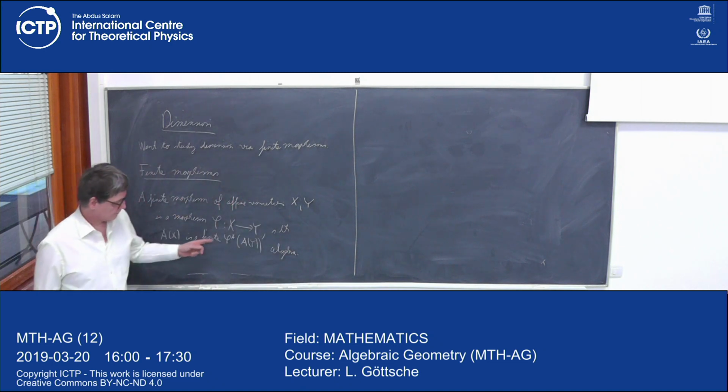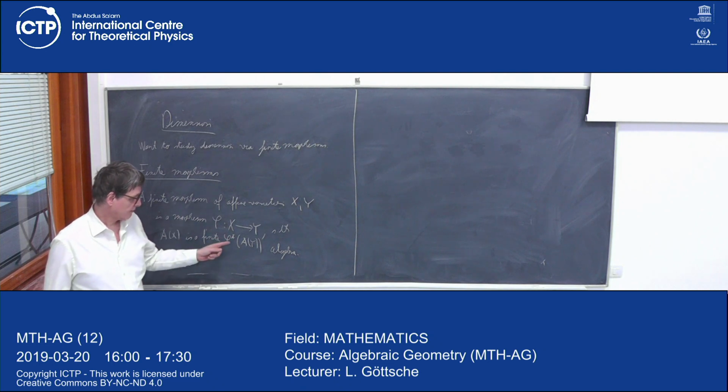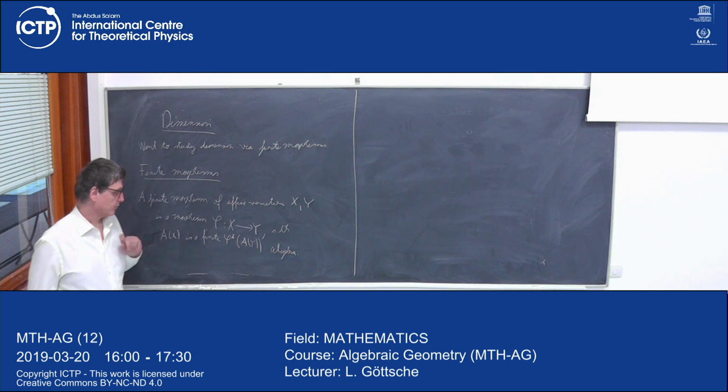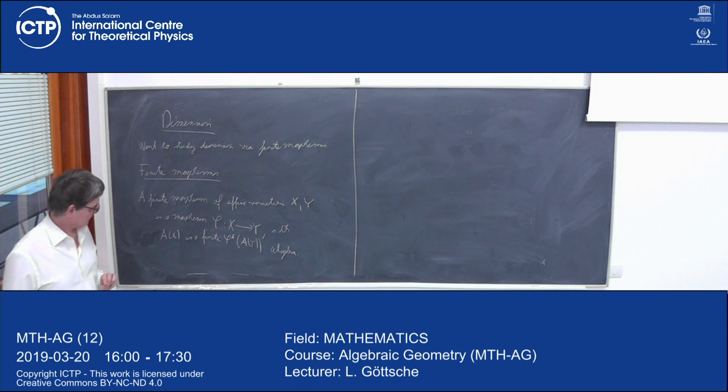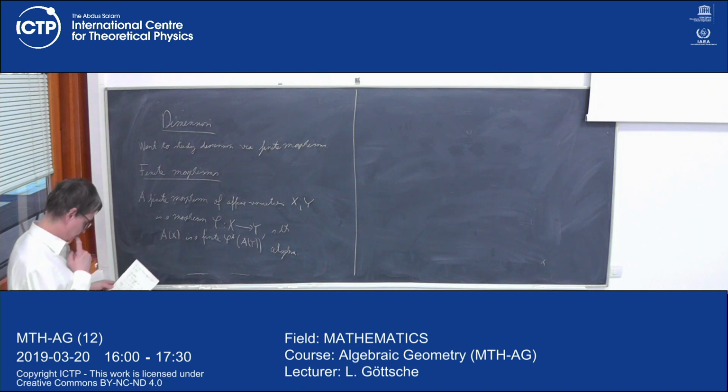So first, remember that if I have a morphism phi between affine varieties, we get a homomorphism, the pullback phi star from A(Y) to A(X), and so in particular phi star of A(Y) will be a sub K algebra of A(X), and we want A(X) to be finite over it. I haven't told you what that means. So the next question is, in order to make sense of this definition, we have to know what it means for a K algebra to be finite over another K algebra.